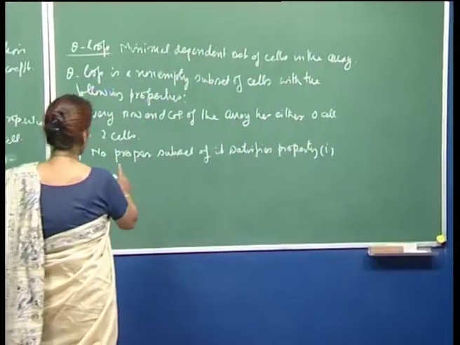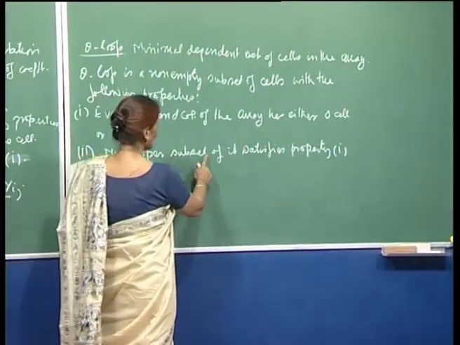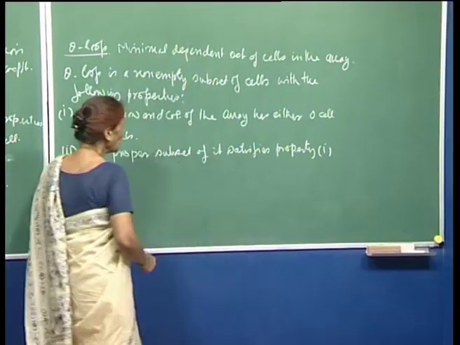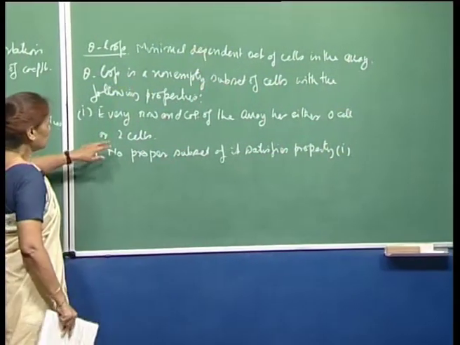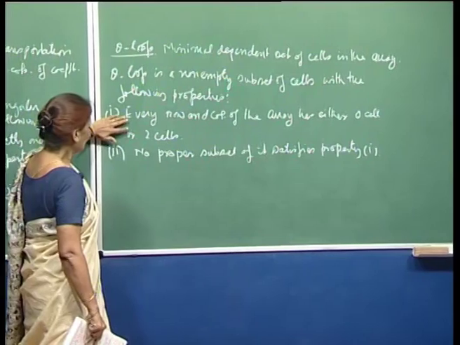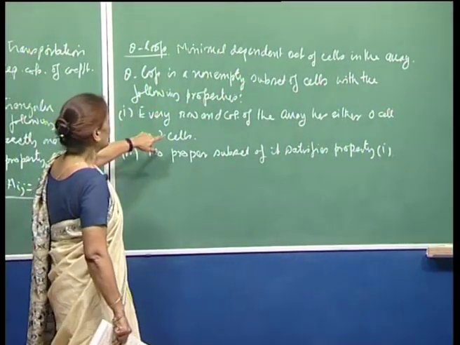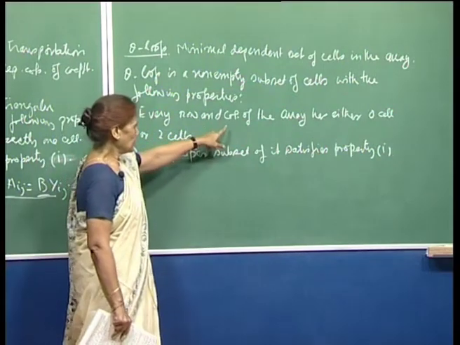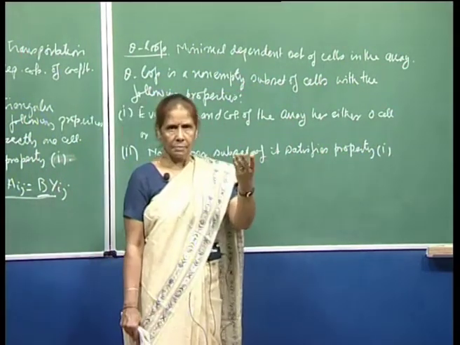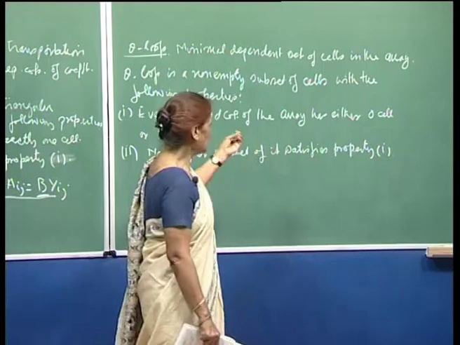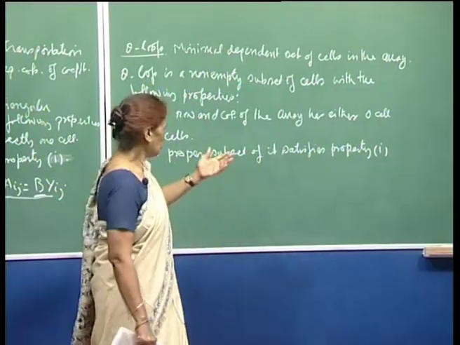So, you see, the moment I say that if no proper subset of it satisfies property 1, that means no proper subset of this theta loop, of this set of cells, will have two cells from it in a row or a column.